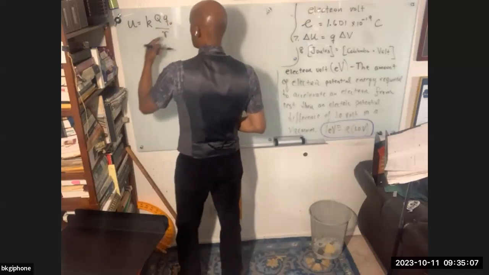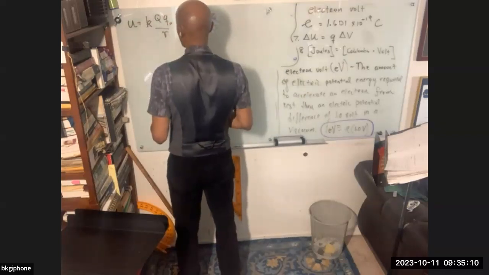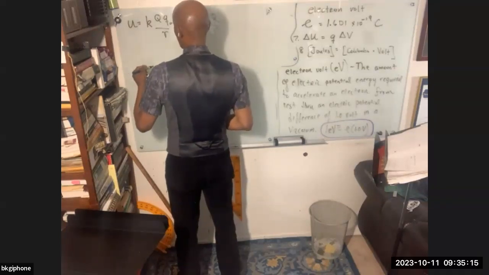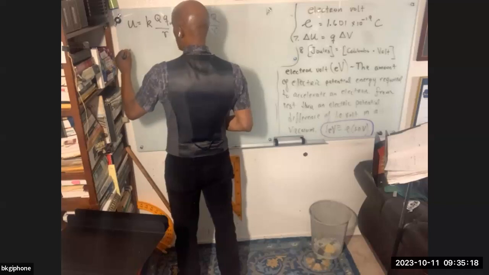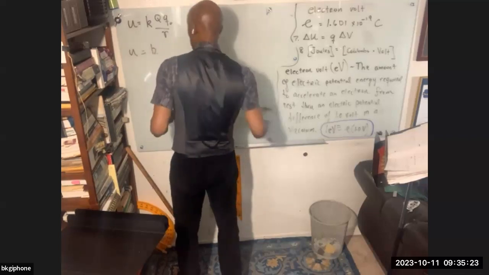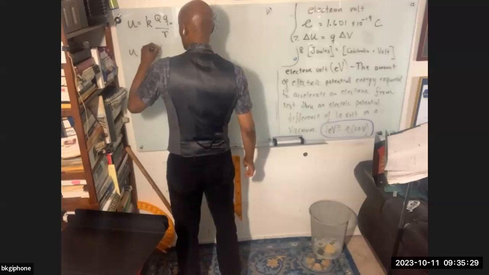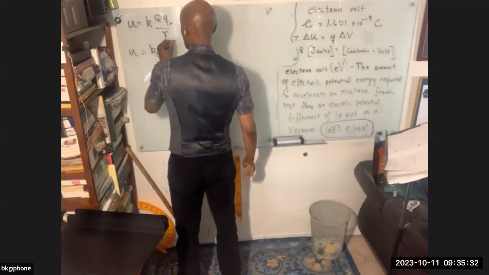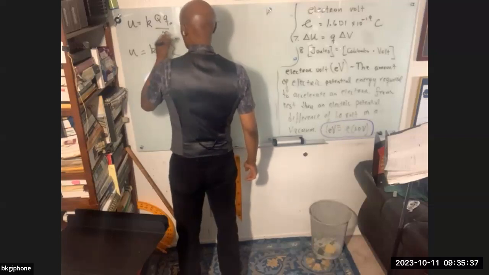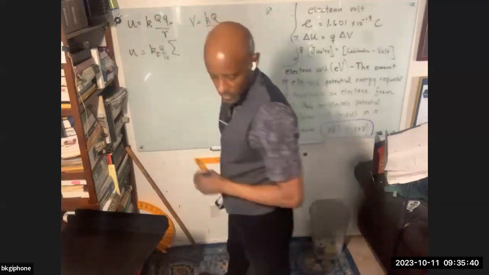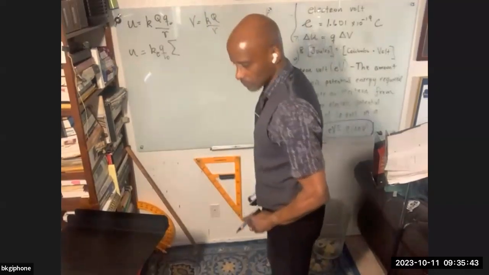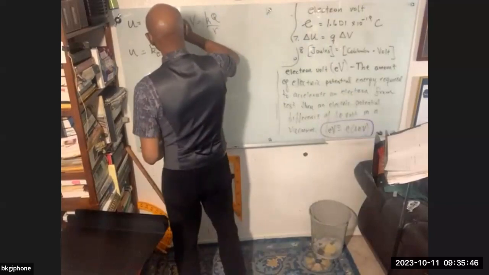So if we have some test charge, but we have various charges Q in a vicinity, then U is going to be equal to K Q naught times the summation of various charges. I'm just going to use conventional notation.